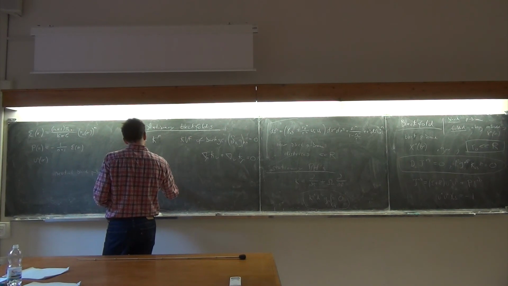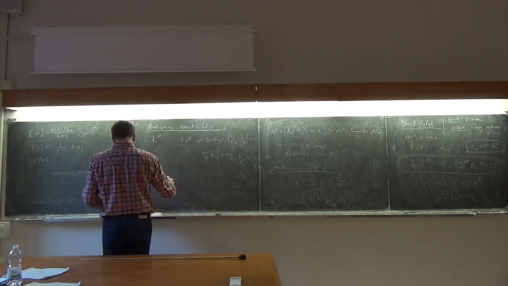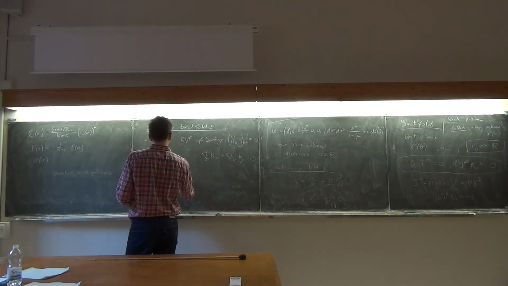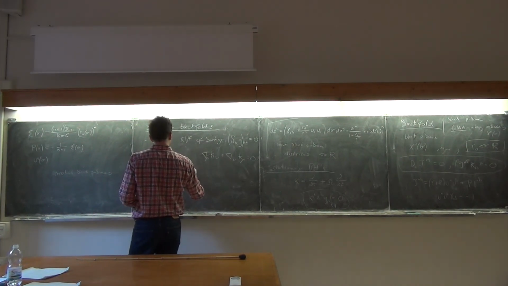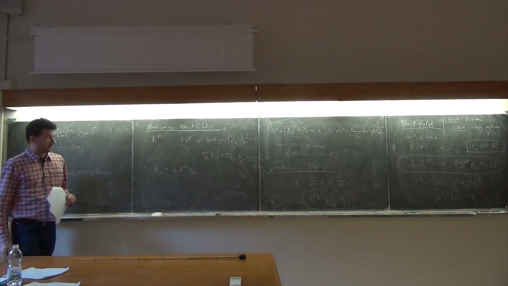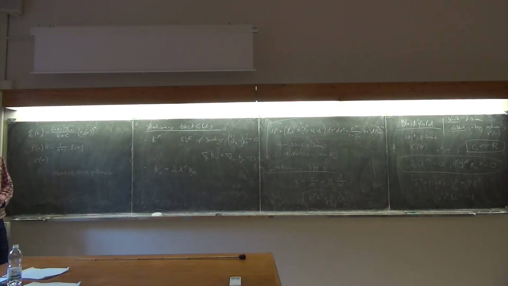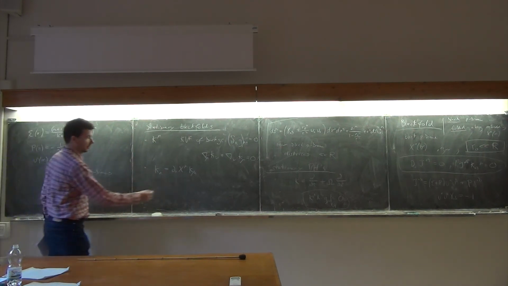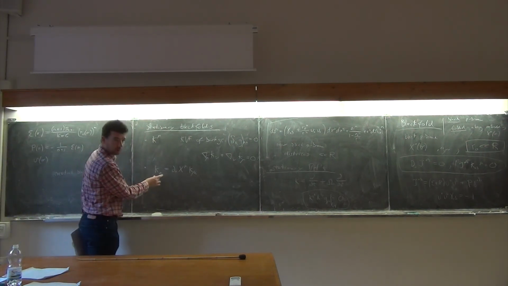So what we do is we look at the pullback of the Killing vector field to the world volume. This is the pullback of this vector to the world volume.